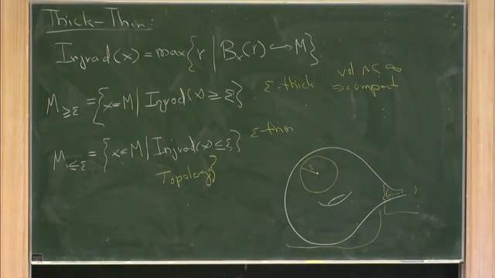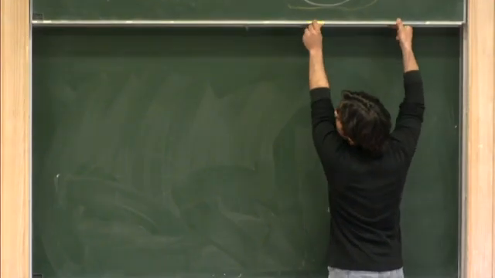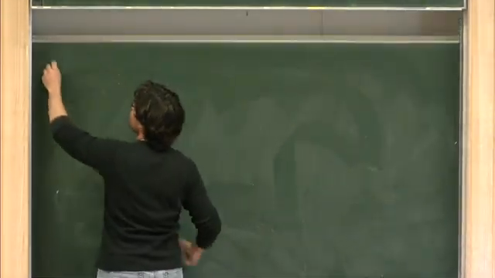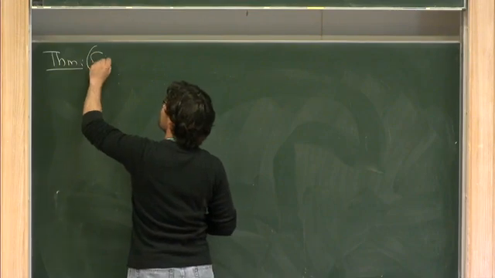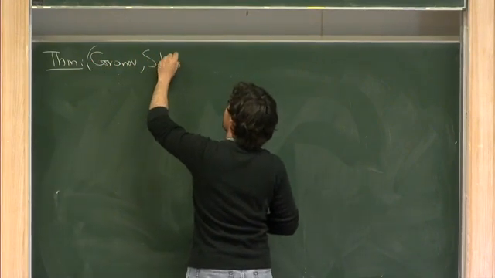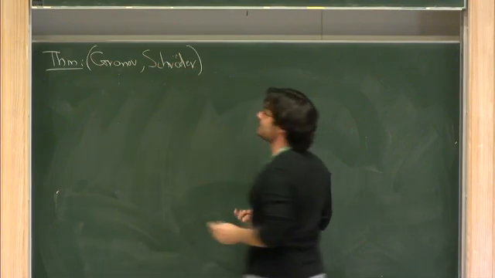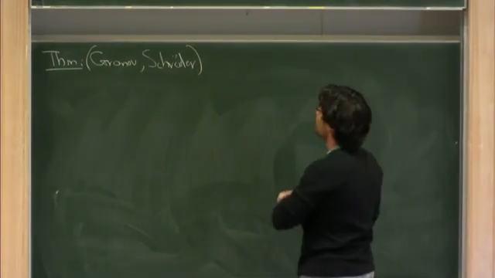And, well, the first thing that I'll tell you about it is the following theorem, which is a theorem of Gromov and also Schroeder. It's a generalization of a theorem of Gromov and a specialization of a later theorem of Schroeder, which is why I'm putting both names here.